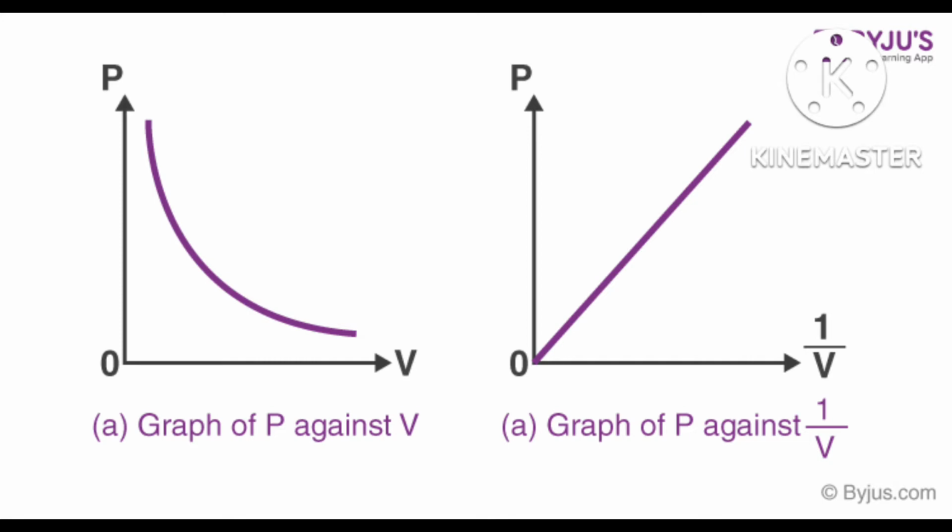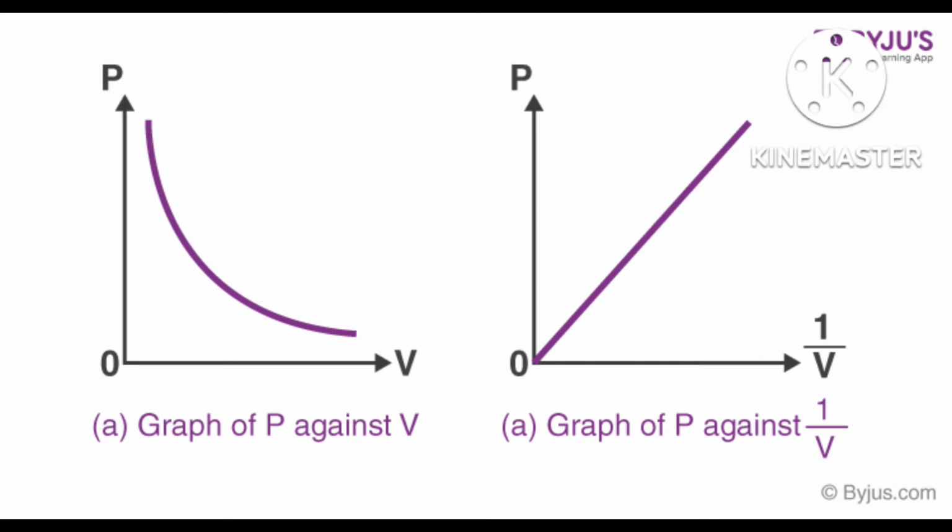Now you have changed the pressure, then the volume will automatically change. So according to Boyle's law, P1 into V1 is equal to P2 into V2, which is equal to a constant. In the same way, PV is equal to K. This is, in real sense, Boyle's law.